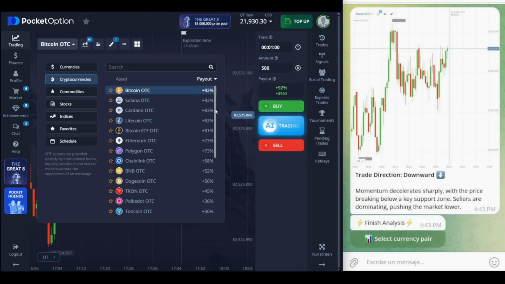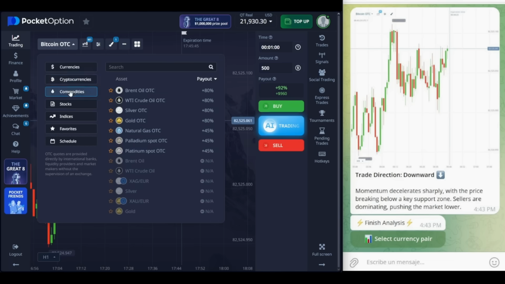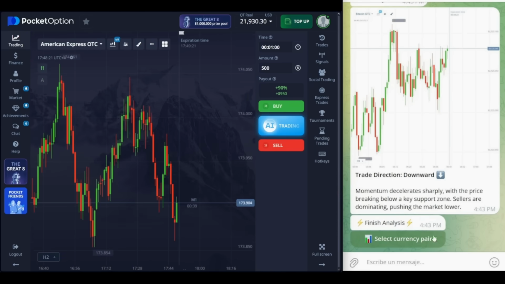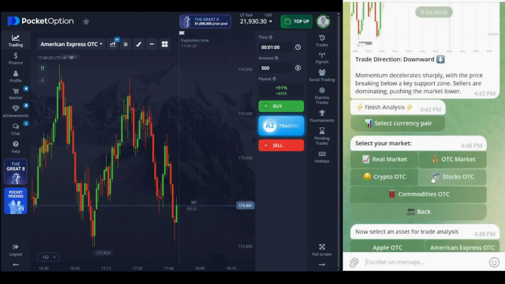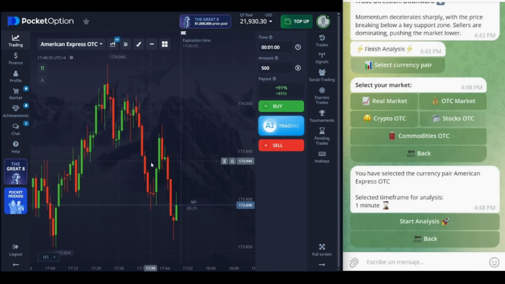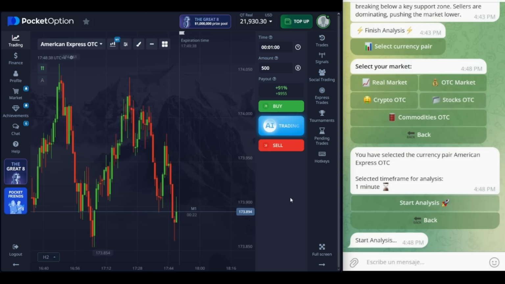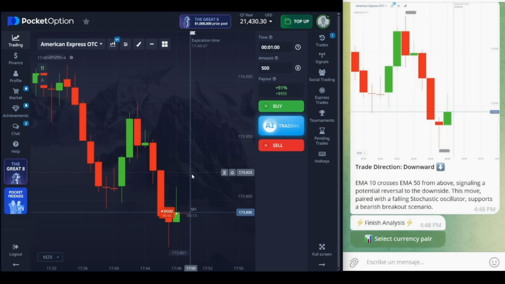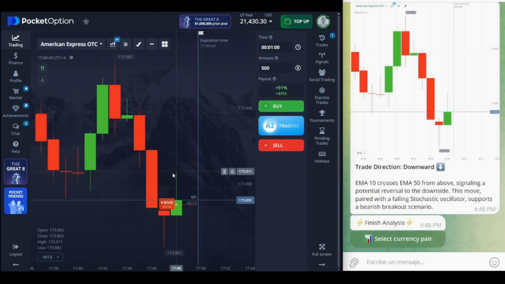Next pair. American Express OTC. 1 minute trade. Start. Signal, entry. 2 EMAs crossing downward, adding them to the chart.